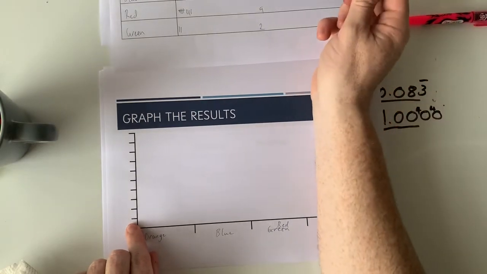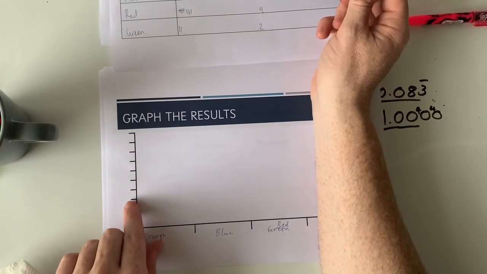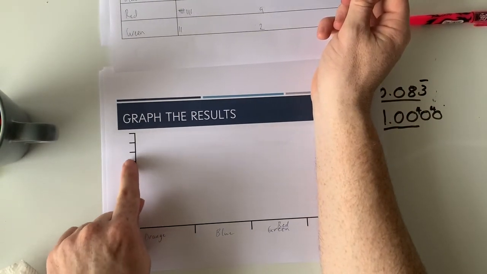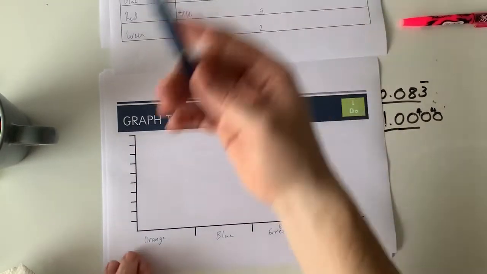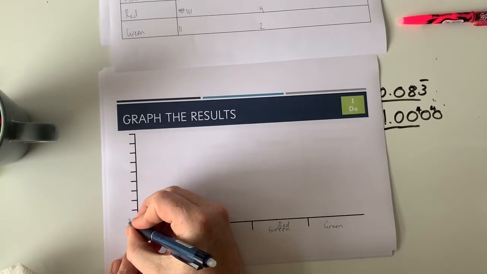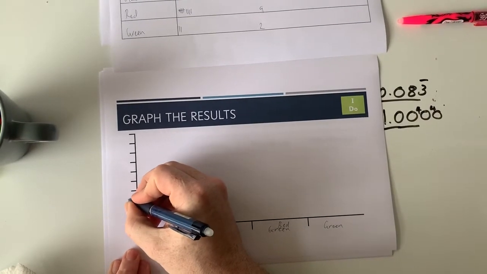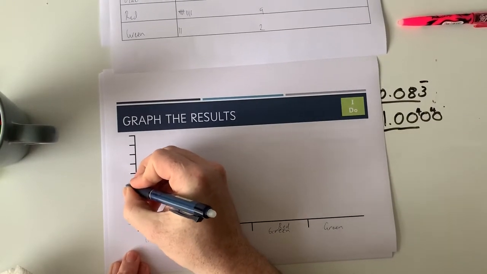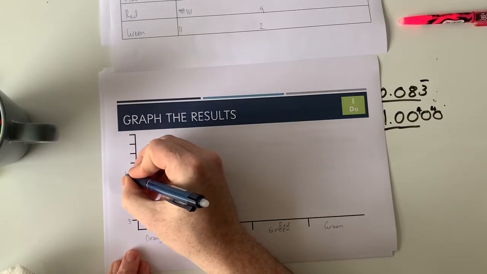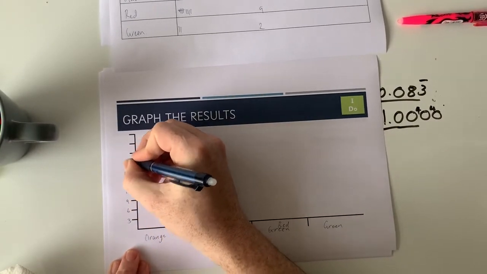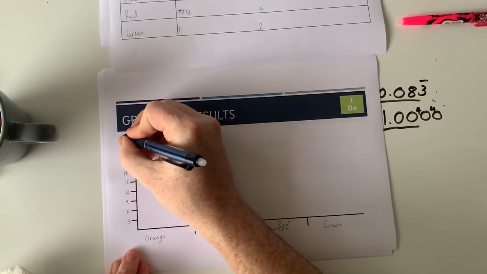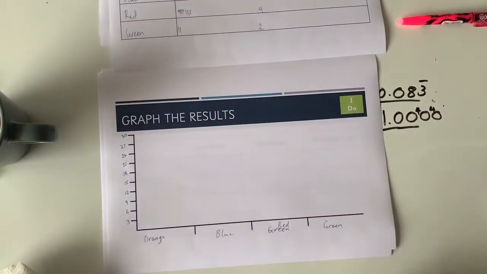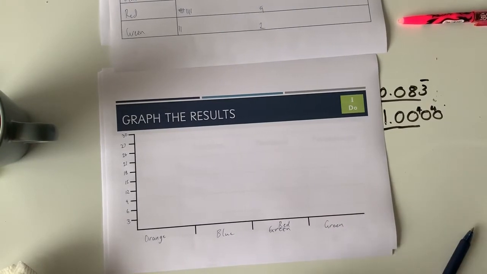My biggest number is 23. There are 1, 2, 3, 4, 5, 6, 7, 8, 9, 10. I could do each one is 3, 3, 6, 9, 12, 15, 18, 21, 24, 27, 30, and represent each one as I go.